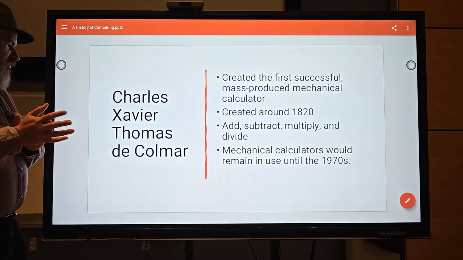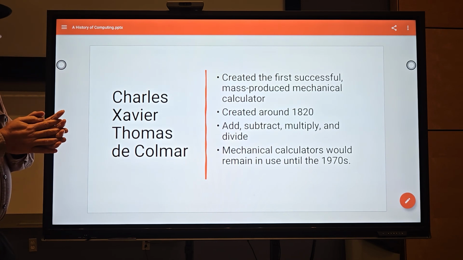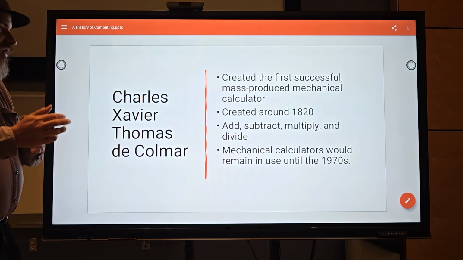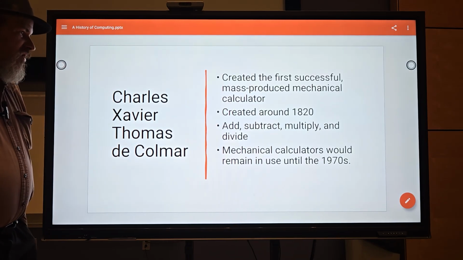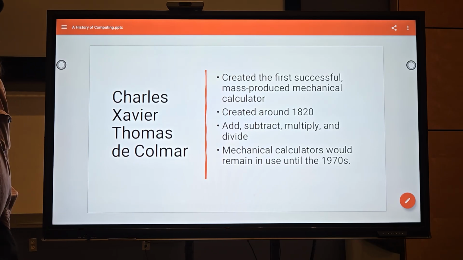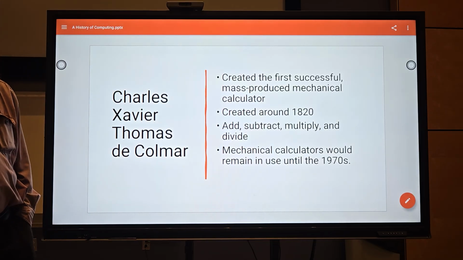Charles Xavier Thomas de Colmar, he's the one that created the first successful mass-produced mechanical calculator. Created around 1820. You could add, subtract, multiply, and divide. And mechanical calculators would remain in use until the 1970s. You know, cash registers, adding machines, that sort of thing.